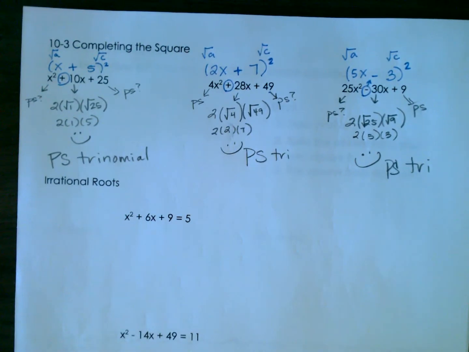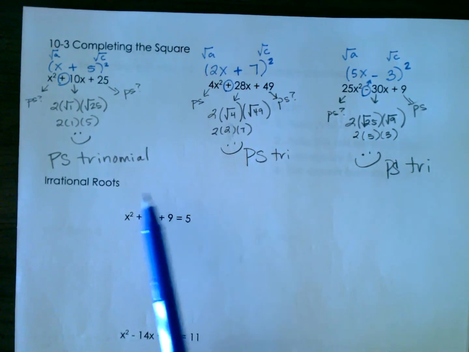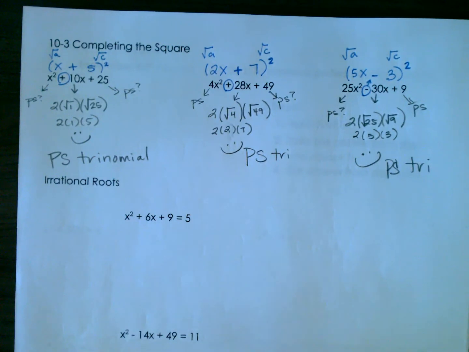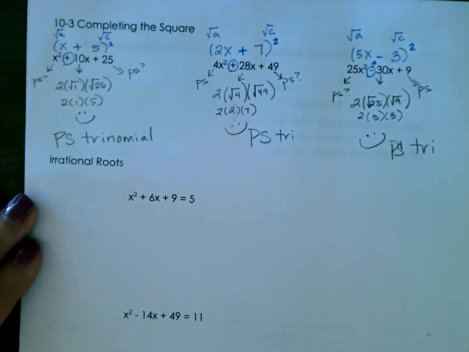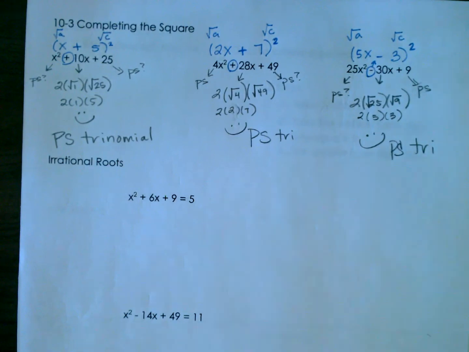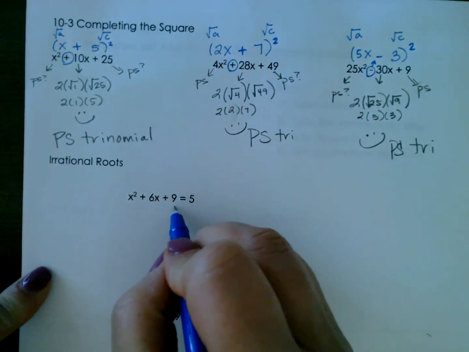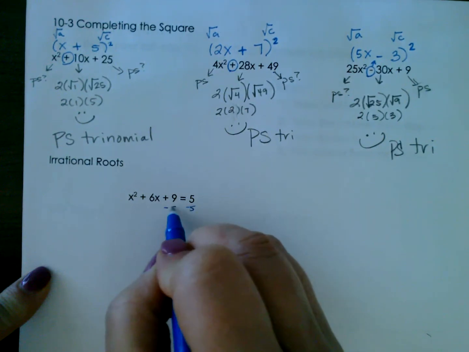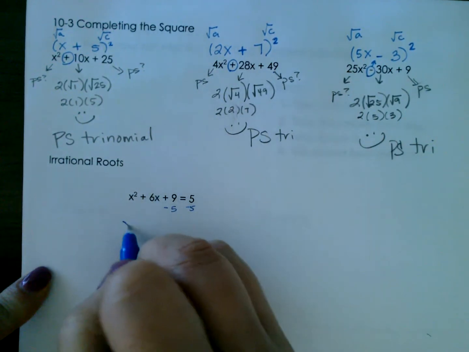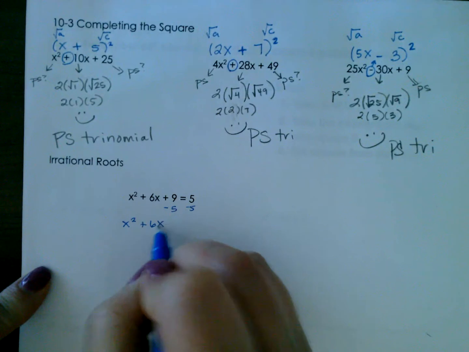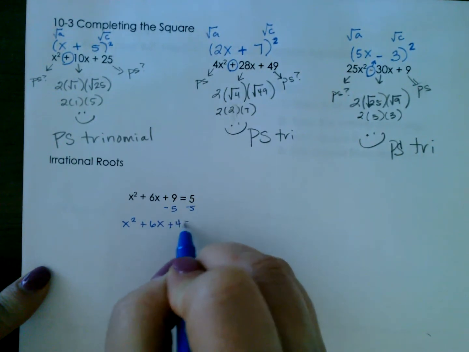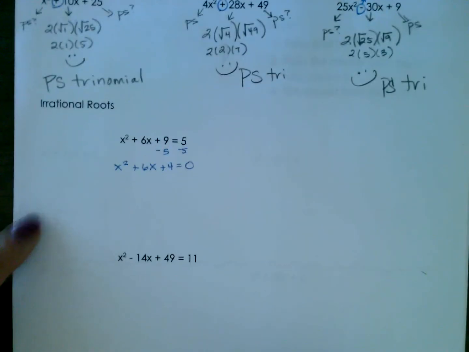Now, a couple things we are going to do is look at this first one, and I'm going to go into a lot of detail with it. But I wonder, do I have, set it equal to 0. So I would minus 5, x squared plus 6x plus 4 equals 0.